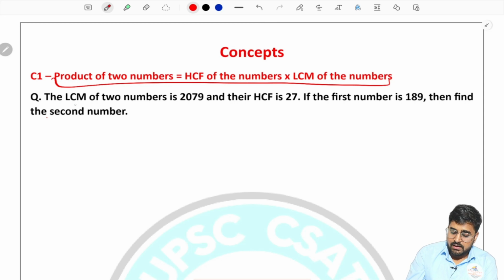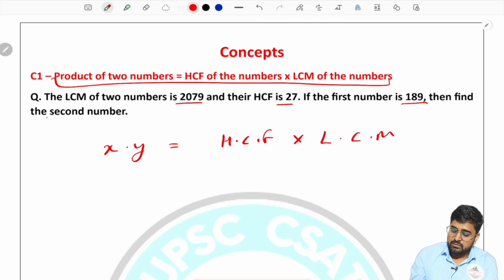The question says the LCM of two numbers is this and their HCF is this. If the first number is this, then find the second number. According to concept 1, the product of two numbers is equal to the HCF of these two numbers into the LCM of these two numbers.